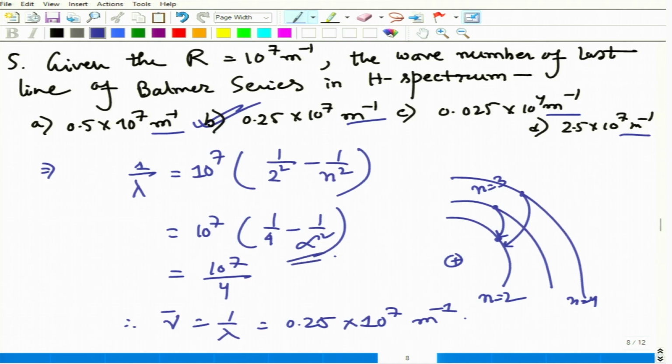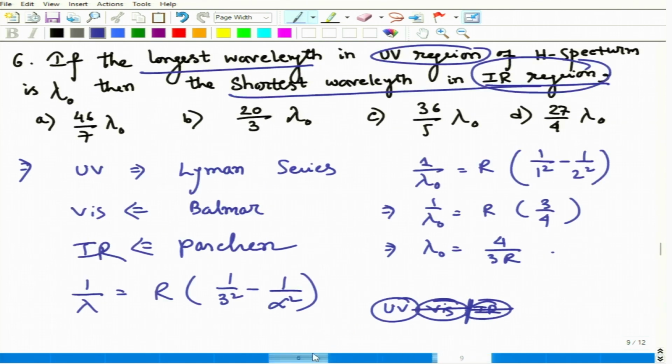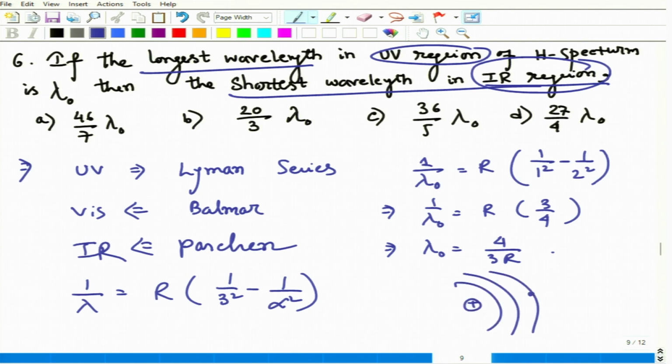One thing you should understand: let us say this is n equals 3. If it comes from n equal to 4, that also lies in the IR region, that is also Paschen series. If it is n equals 4, 5 to 3, 6 to 3, 7 to 3, but when it comes from infinity, that means that is the higher energy gap.